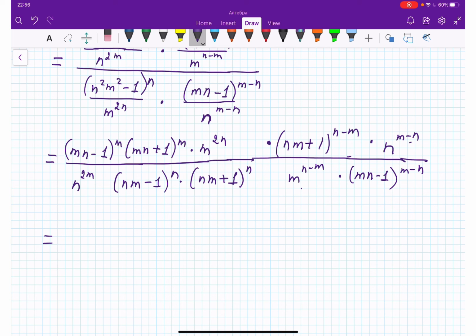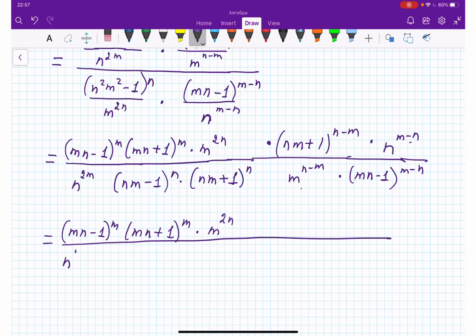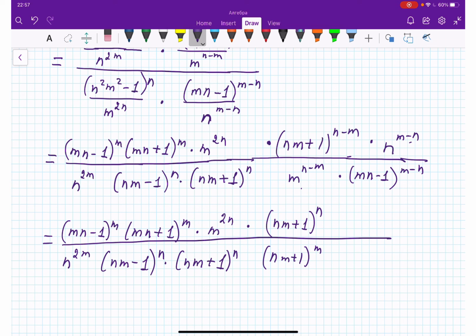Okay, let's work on it. (mn − 1)^m, (mn + 1)^m times m^(2n), divided by n^(2m) and (mn − 1)^n times (nm + 1)^n, times, now here, n − m, I'm going to break it as (nm + 1)^n divided by (nm + 1)^m.